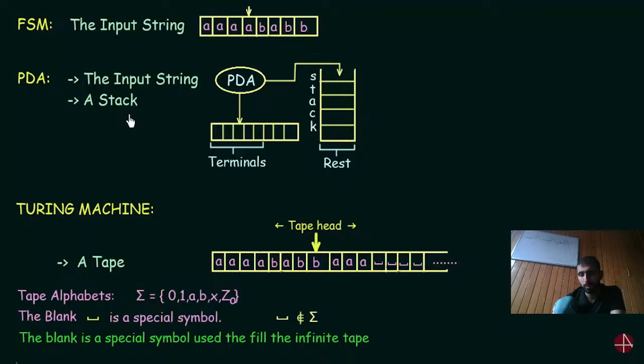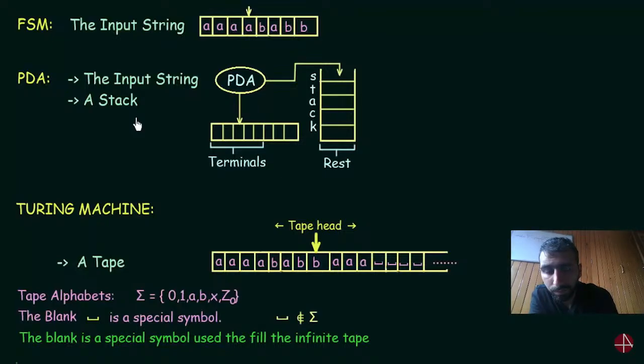So because of the presence of this stack, we saw that the push-down automata was more powerful than finite state machines, and then the class of languages that they accept, which is known as the context-free languages, are a higher class of languages as compared to regular languages. So this is the diagram which represents that. We had the input string and also the stack, which added more power to the push-down automata, making it different from the finite state machines.